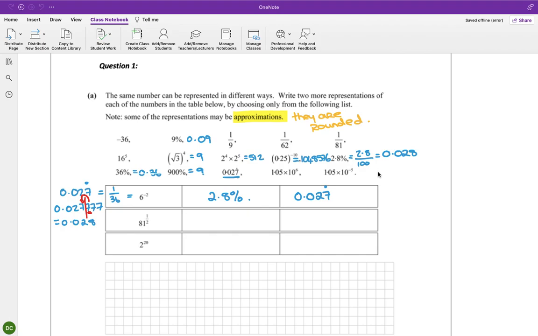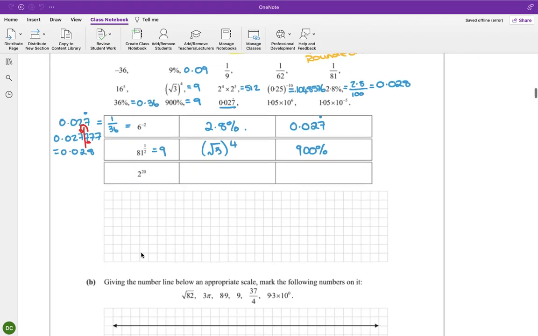81 to the power of a half. So again, into my calculator, 81 power a half. That's 9. And I actually had them already there and there. So they're done. So the square root of 3 to the power of 4 and 900%. What's that? 2 to the power of 20.